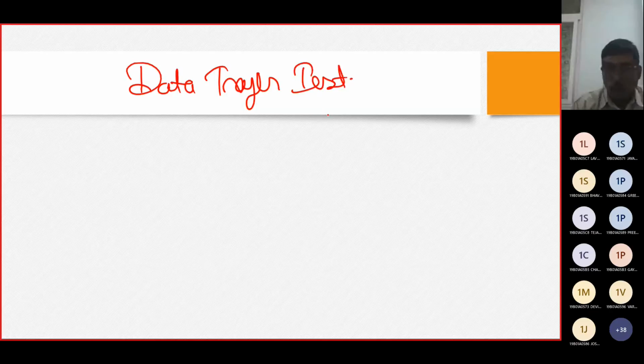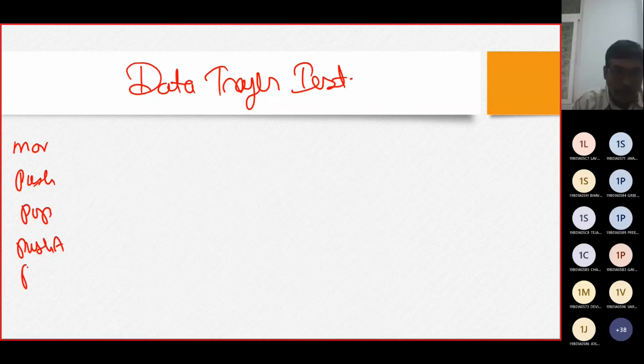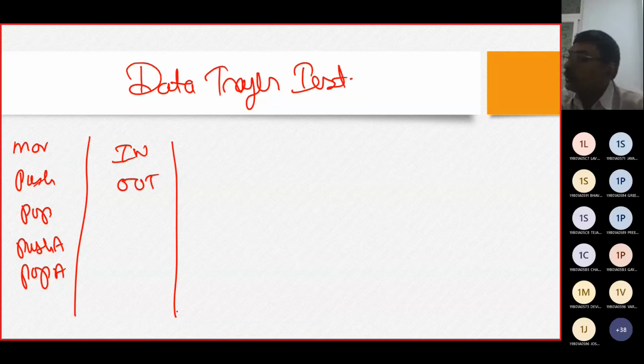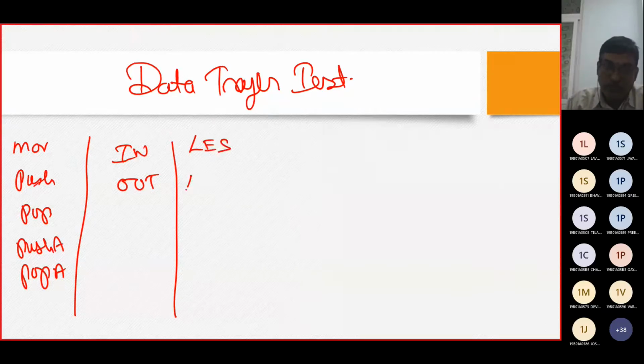So we came across move, then push, pop, push accumulator, pop accumulator. Then we discussed port instructions, in and out. Then we discussed load extra segment, load data segment, load effective address.